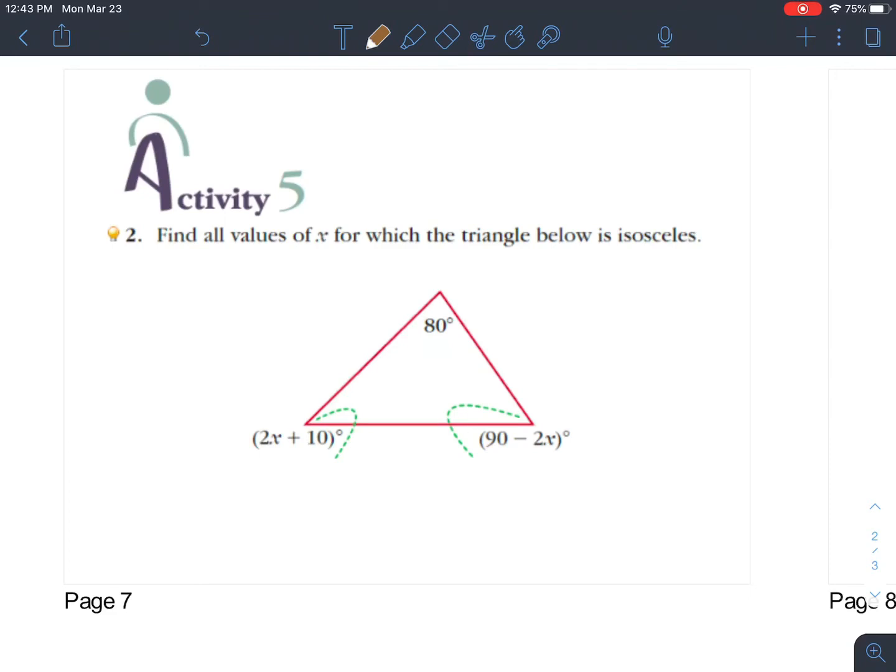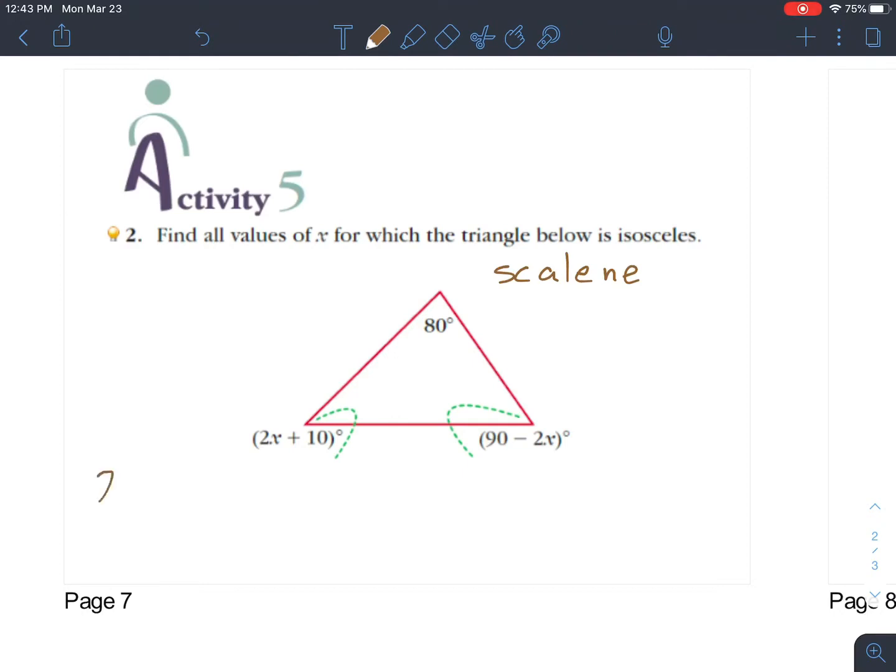So looking at the triangle, I noticed that there's no distinguishing characteristics. There's nothing that appears to be congruent. I don't really know anything about this, so it looks like we are just dealing with a scalene triangle, as in everything is a different value. So we should just add all three angles together and set it equal to 180 and see what happens.